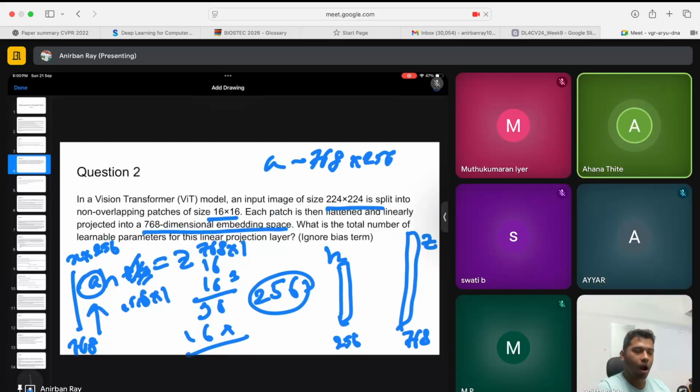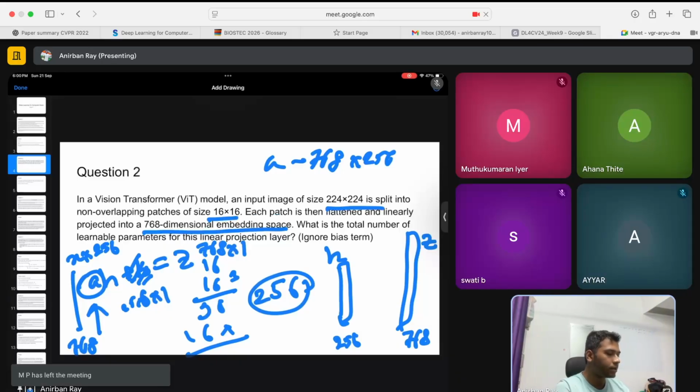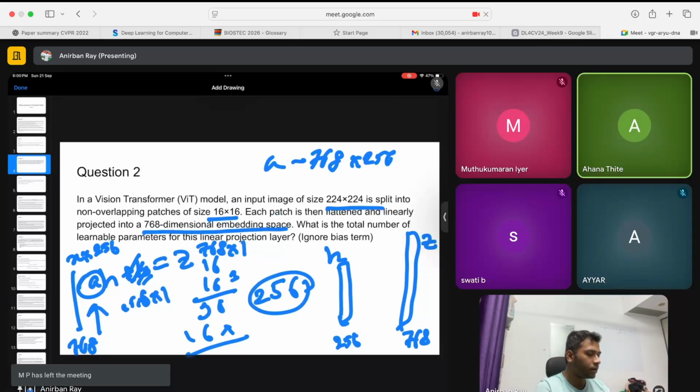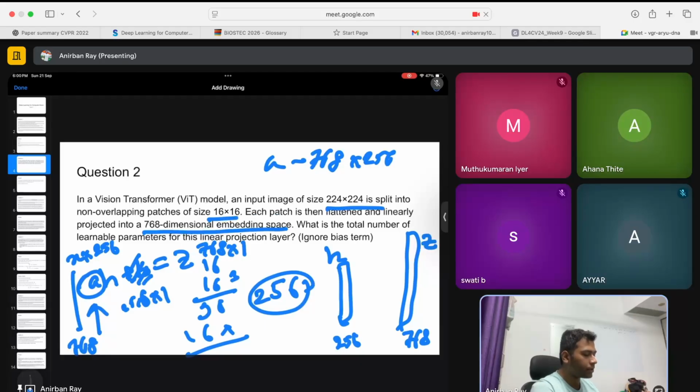Actually, the image size is 224 into 224. Yes. So patches are 16 by 16. So you have multiplied 16 by 16 and then you have multiplied with 768. But how does this give the total number of learnable parameters?